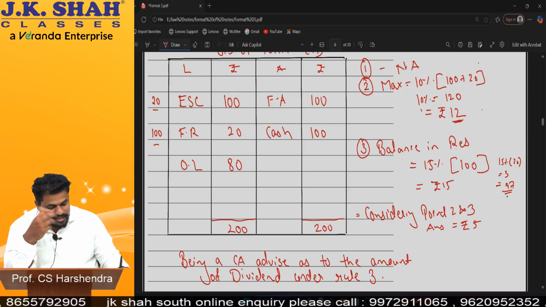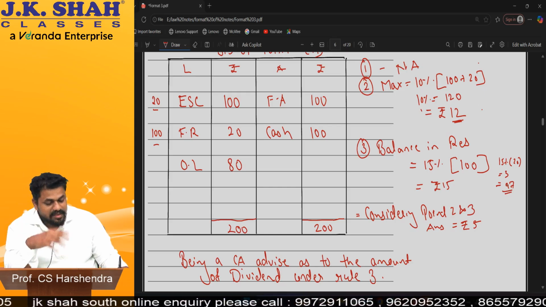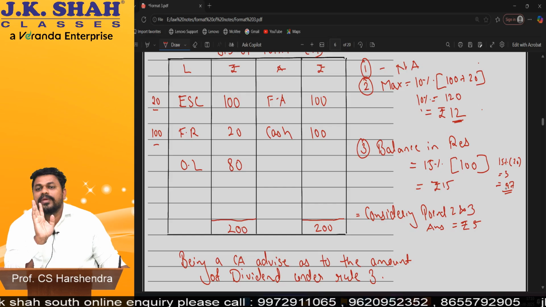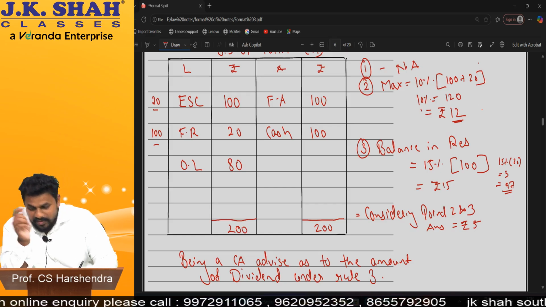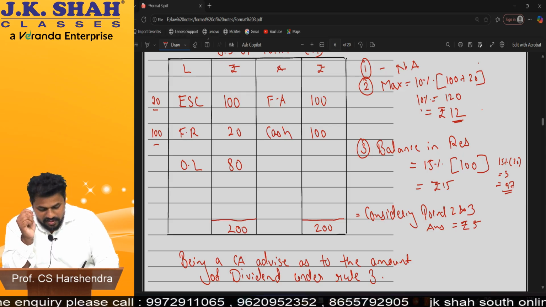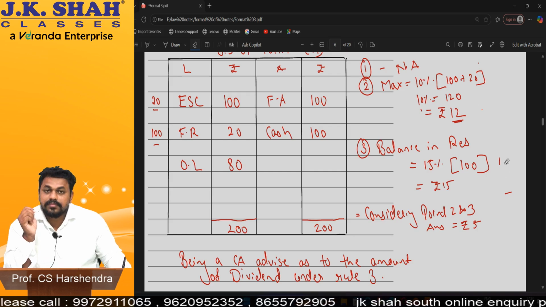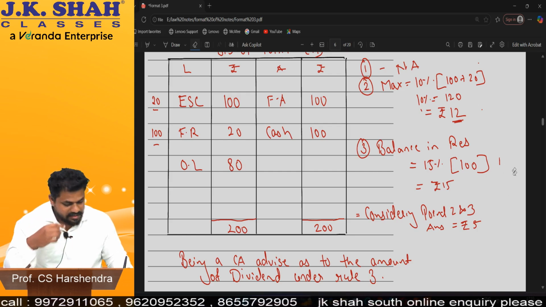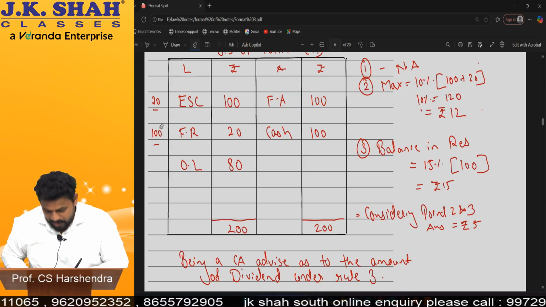So many people say, sir, you can pay 97 rupees. No. Maximum amount which I can pay is 12 rupees only. Am I clear with this? Understood? Clear, everyone? Online students, I hope you understood why it is 12. Yes, Priyanka, you understood? You answered 3 rupees. I hope you understood now.